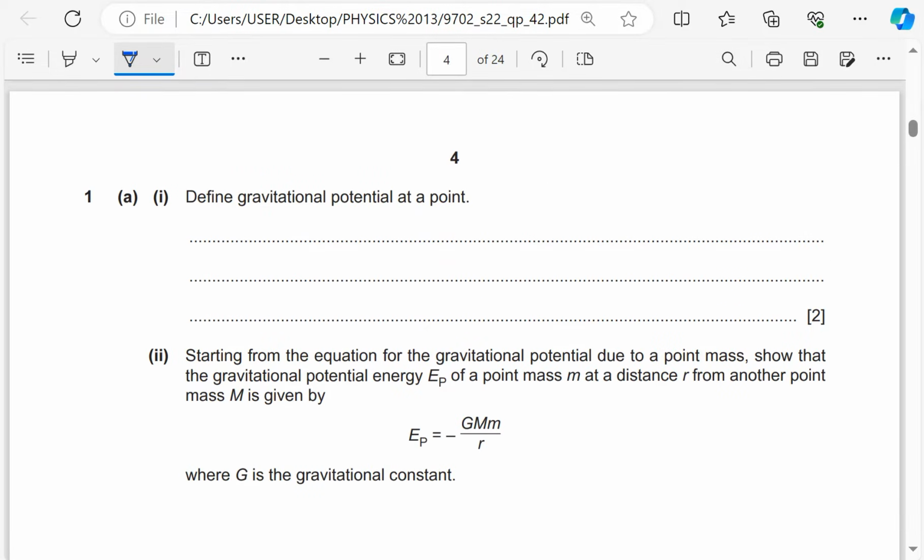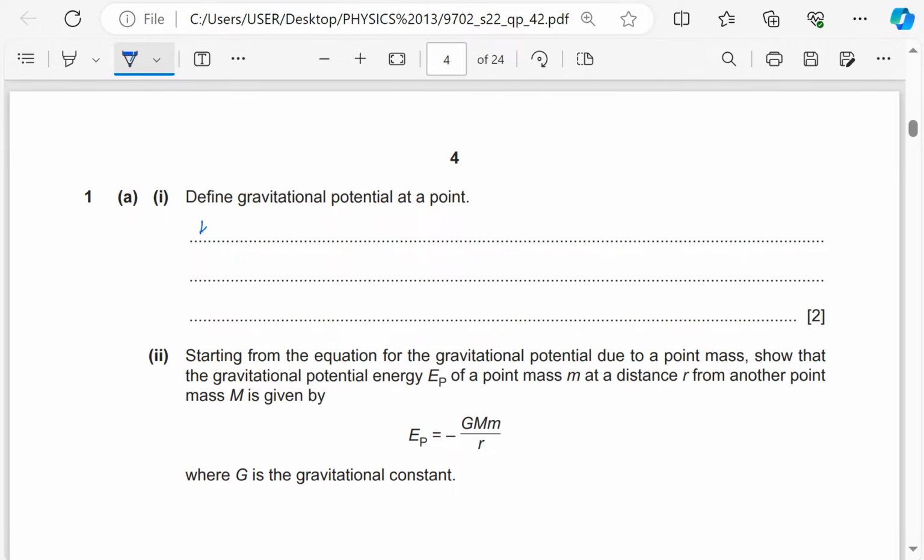Number 1. Define gravitational potential at a point. Remember, gravitational potential, electric potential, this is the work done per unit. For gravitation, it is per unit mass. For electric, it is per unit positive charge.